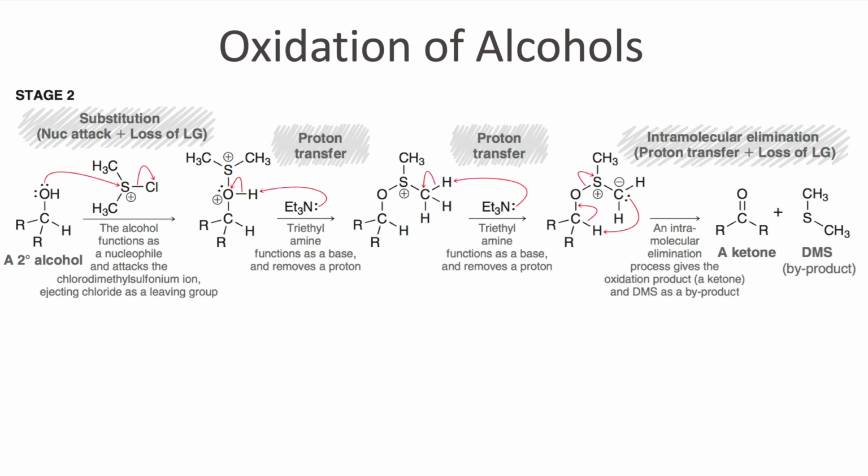So this lone pair on the carbon then does an intramolecular elimination step, taking away that proton, forming that carbon-oxygen double bond and kicking out that leaving group. In that step, you form this carbon-oxygen double bond, so your ketone. All right, so that's how you would oxidize the alcohol using the Swern oxidation.